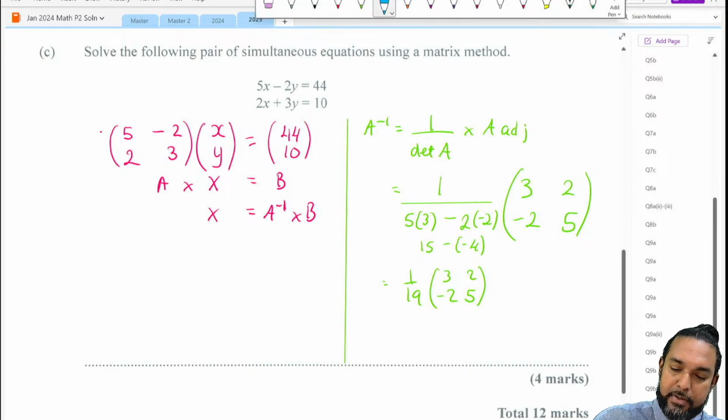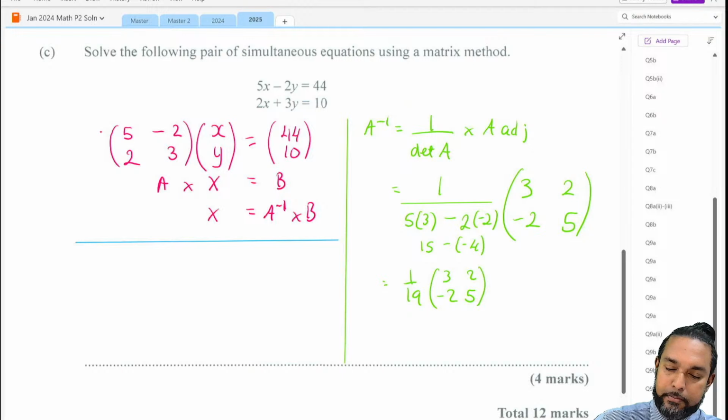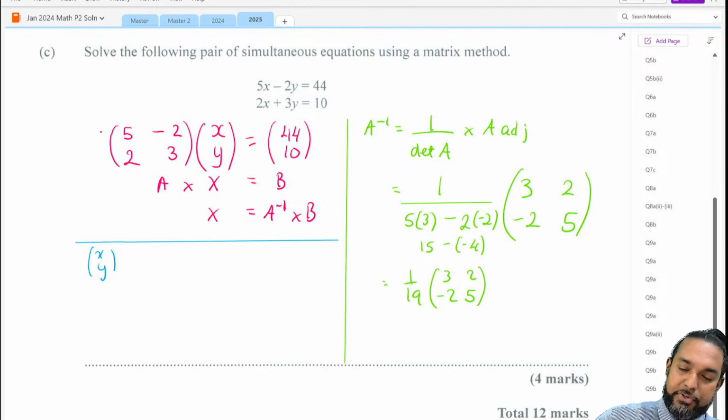Now we're going to come back on this side, and what we're going to do, right? X is just the matrix xy. So A inverse is 1 over 19, then by 3, minus 2, 2, 5, sorry, then by 44, 10. 44 on top and 10 below.